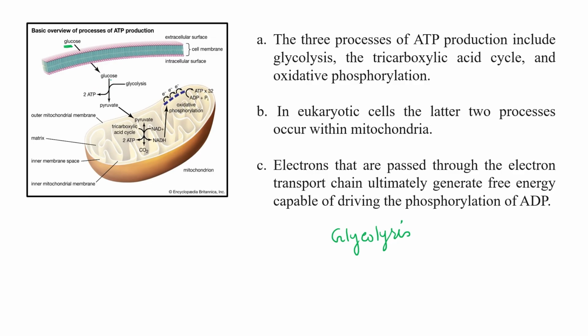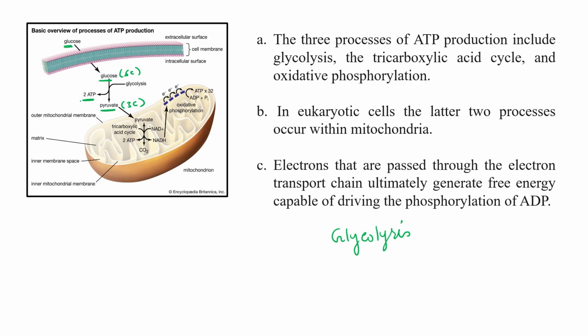In the cytoplasm, this glucose, a 6-carbon molecule, gets converted into two molecules of pyruvate, which is a 3-carbon molecule, through a pathway known as glycolysis. During this pathway, the net gain of ATP is exactly 2 ATP.